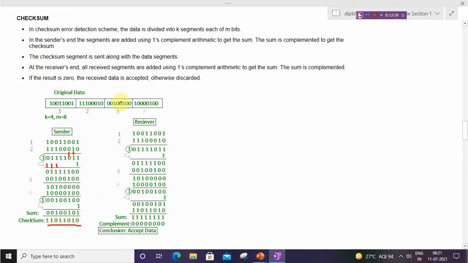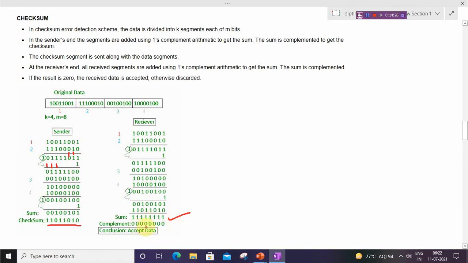Okay. Along with the data units, the checksum also goes to the receiver. At the receiver side, it also adds all the data units. Okay. Again, after adding all the data units, it also adds the checksum. By adding the checksum, it will get the sum 1 1 1 1 1 1 1 1, all 1s.